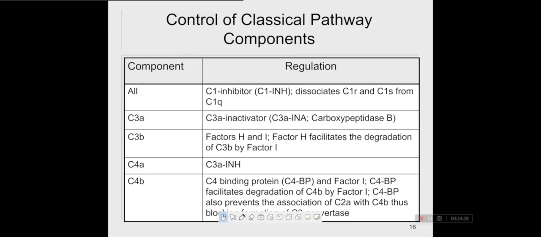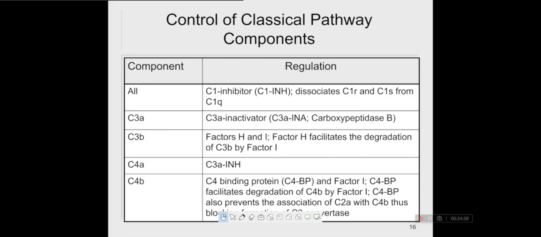Control of classical pathway components. C1 inhibitor. All components are regulated by C1 inhibitor, that is C1INH, which dissociates C1r and C1s from C1q. C3a is regulated by C3a inactivator, that is carboxypeptidase.